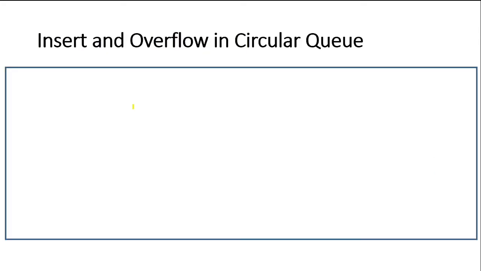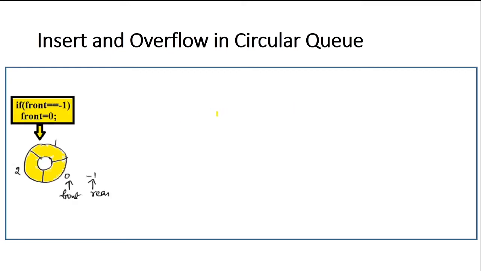So let us go for the insert and overflow in the circular queue. This is the initial condition, when front and rear both are pointing to -1. When front is equal to -1, we need to increment front by 1 so that front will point to 0 now.